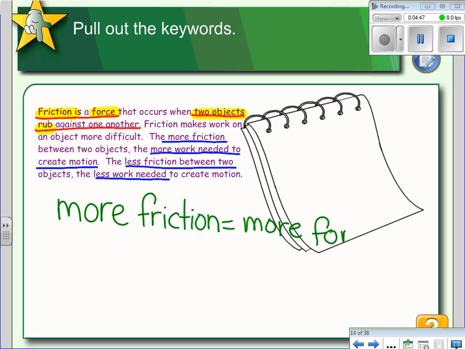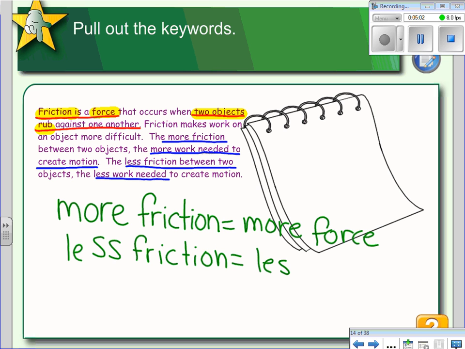You need to have more force. Less friction equals less force. You need a little less force to push it if you have less friction, if the smoother surfaces are rubbing against one another. All righty, let's move on.